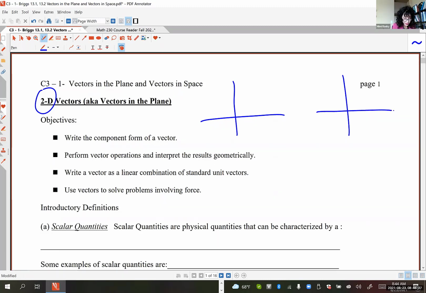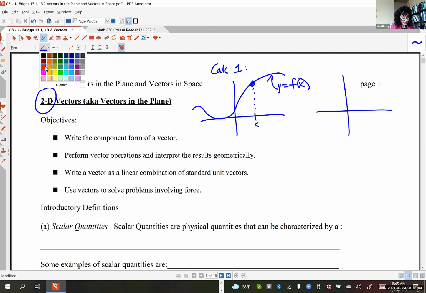The first thing is, if you recall in Calculus 1, if you were given, say, the graph of a function, say y equals f of x, one of the big things you did back in Calc 1 is they would pick a point, say right here, when x is, I'm just going to make something up, say some number c, and they would go, hey, what's the slope of the tangent line at that point? And in Calc 1, I hope you remember, oh yeah, we did that.